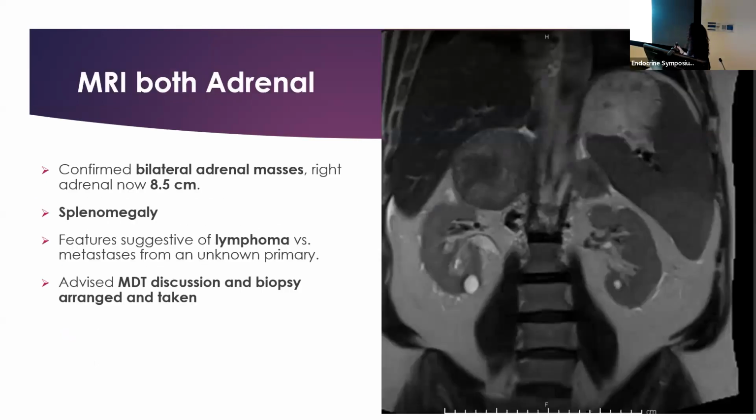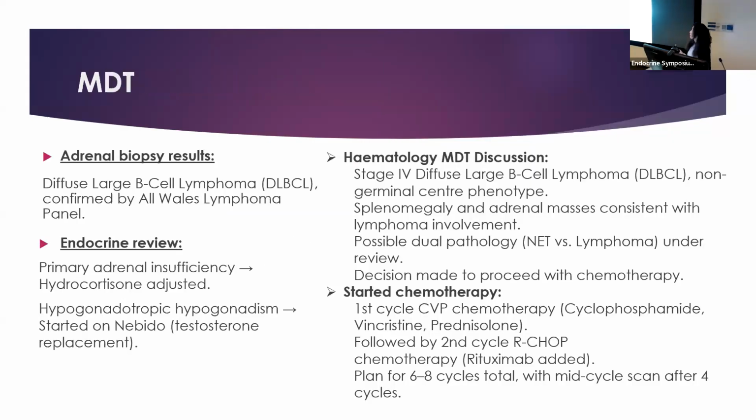On further investigation, MRI showed bilateral adrenal masses, splenomegaly, and features suggestive of lymphoma or metastases from an unknown primary. So we performed a biopsy. The biopsy results showed diffuse large B-cell lymphoma.